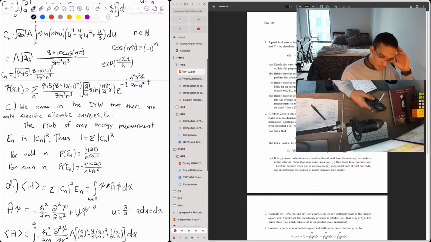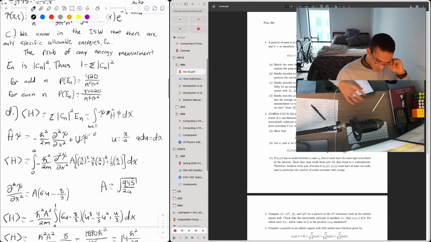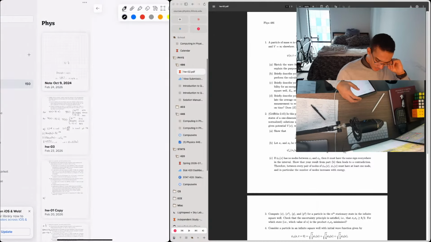Oh, squared, sorry. $420, yeah. And then for even, it's just the same thing, but 8 plus 10. You get 34,020. Yeah, exactly. Okay.